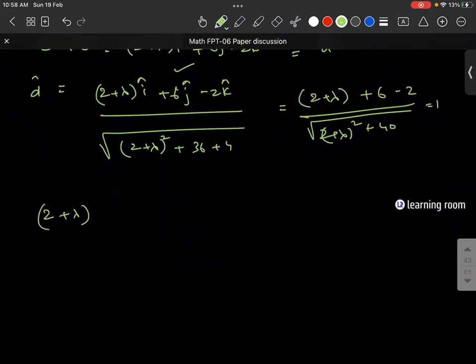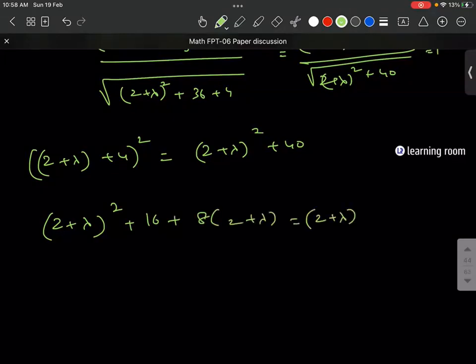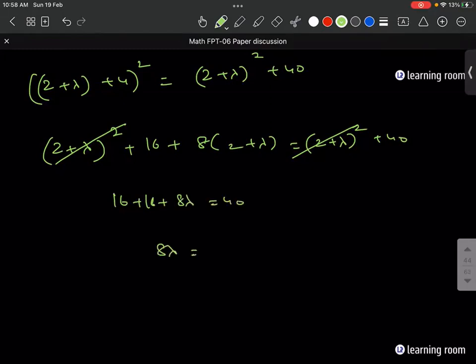So (2 plus lambda plus 4) the whole square is equal to (2 plus lambda) the whole square plus 40. So it will be (2 plus lambda) the whole square plus 16 plus 8 into (2 plus lambda) is equal to (2 plus lambda) the whole square plus 40. So (2 plus lambda) the whole square will get cancelled. So 16 plus 16 plus 8 lambda is equal to 40. So 8 lambda is equal to 40 minus 32, which is 8, which implies lambda is 1.